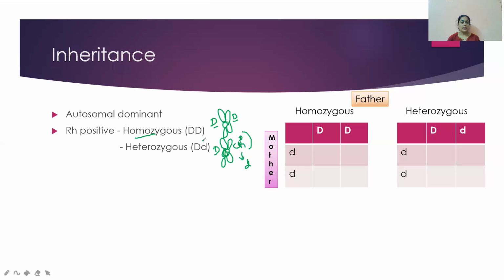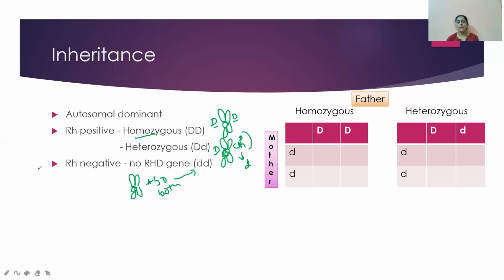Then Rh negative individuals. On chromosome number 1, there is absence of the D gene in both arms of the chromosomes, so there are no D genes. That's why it is represented as small d, small d. Is it clear?